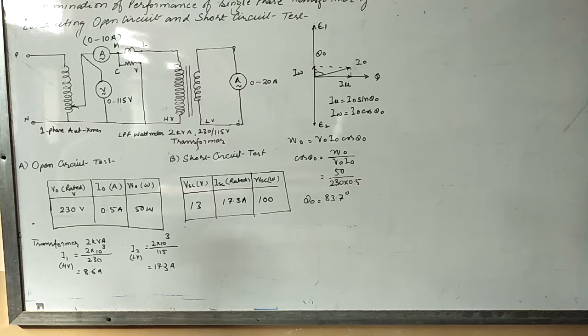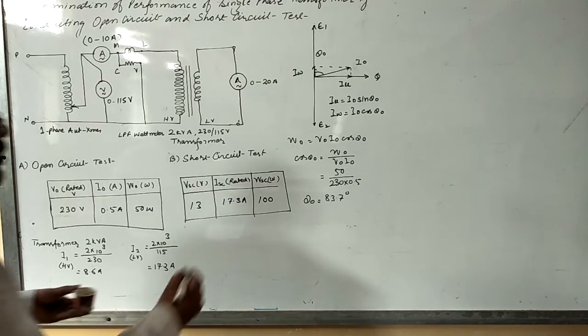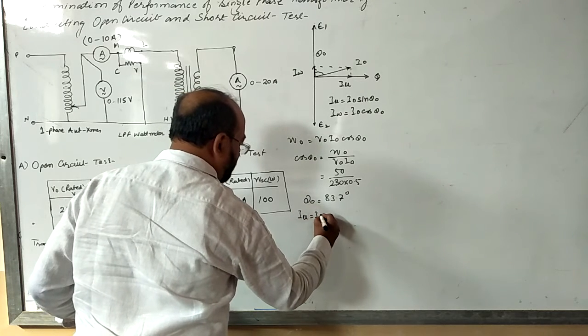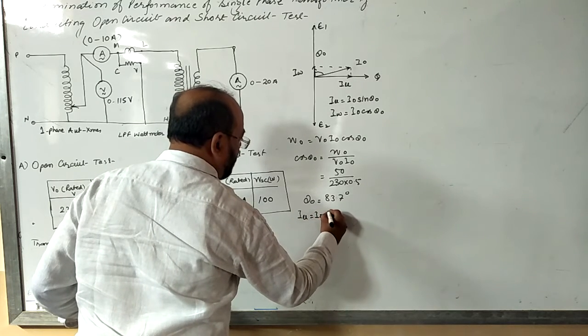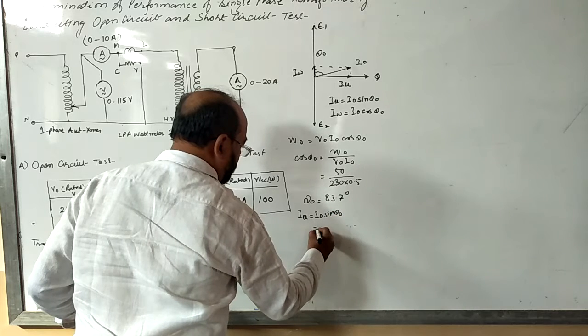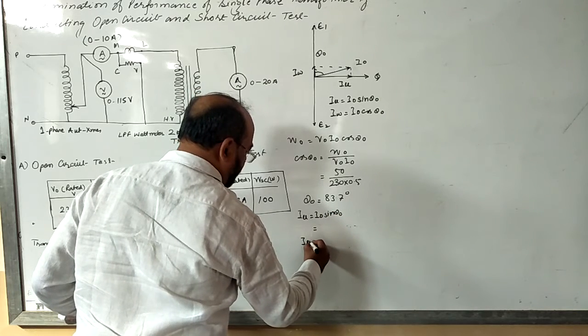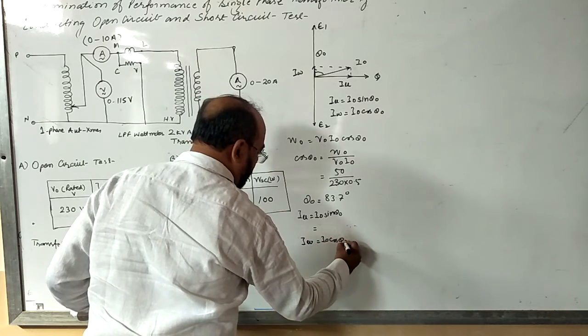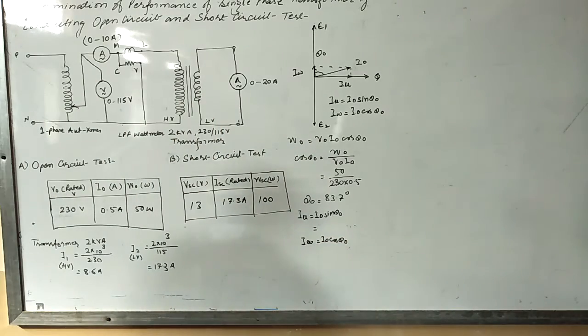Similarly, I can find out I mu and IW. I mu is equal to I0 sin theta 0, and IW is equal to I0 cos theta 0. Put these values and we are able to find them. Just try to calculate.